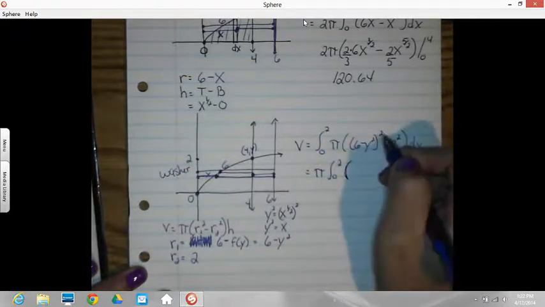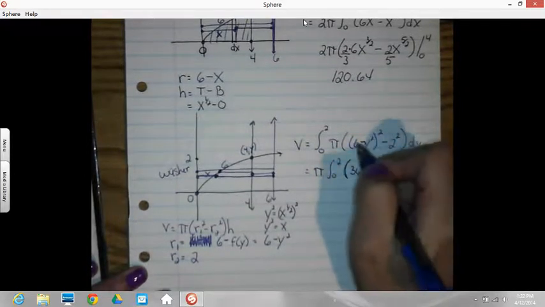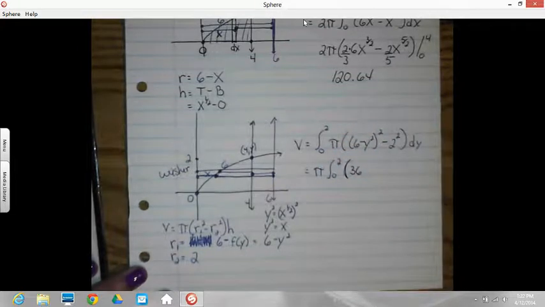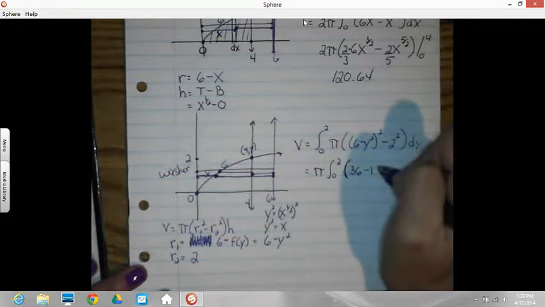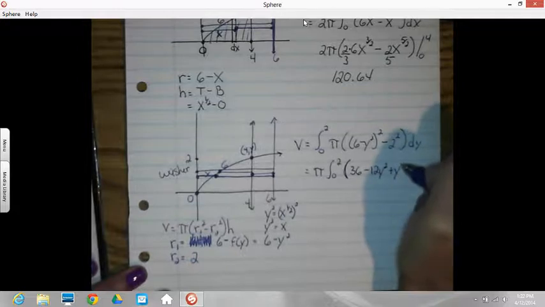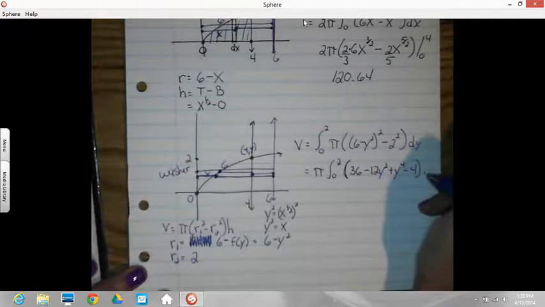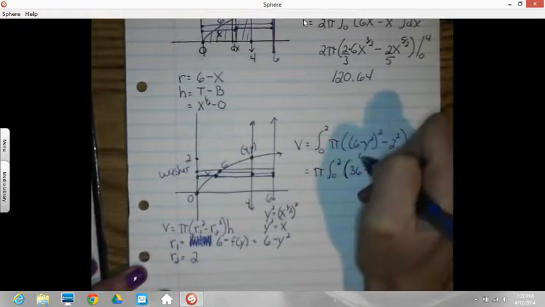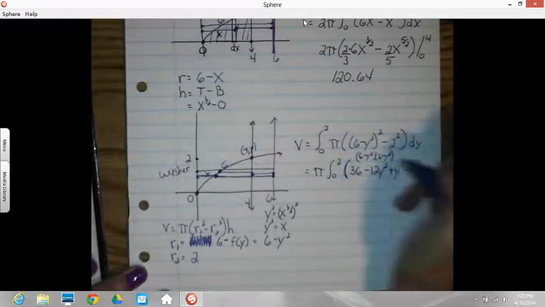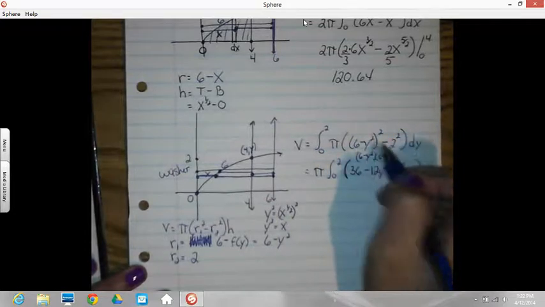Remember, a shortcut for foiling is to square the first term, multiply these together and double it, because your ins and your outs always multiply out to the same thing. So you're going to get minus 12 y squared, and then square the last term. That'll be a plus y to the fourth, then minus the 2 squared here, dy. If you need to write it out, it's 6 minus y squared times 6 minus y squared. But the shortcut is square the first term, multiply them together and double it, square the last term.